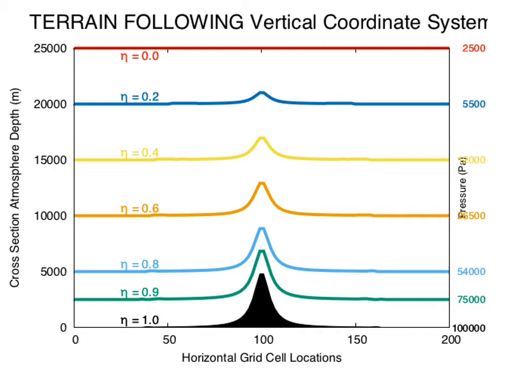The terrain following vertical coordinate, if we look at the eta levels where eta is equal to 0 as the model lid, and eta equals 1 is the surface level, you can see the artificial impact of the coordinate surface even very high in the atmosphere. The solution, of course, is to have an isobaric field.